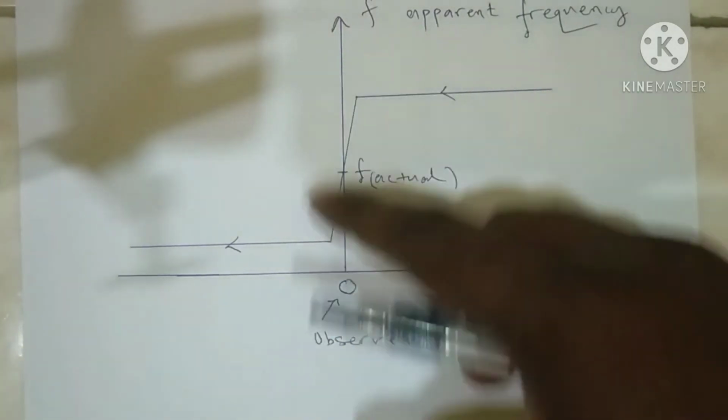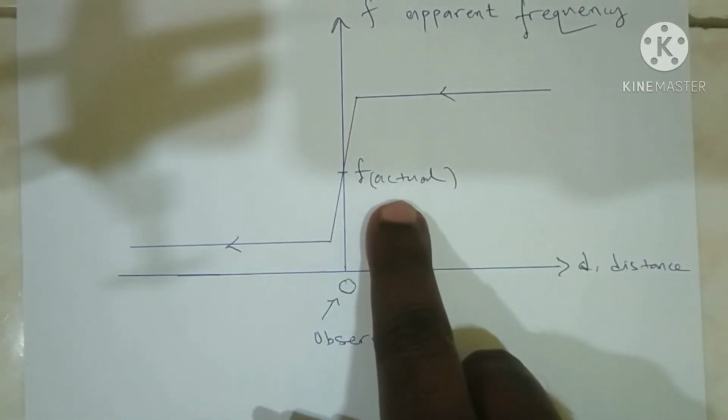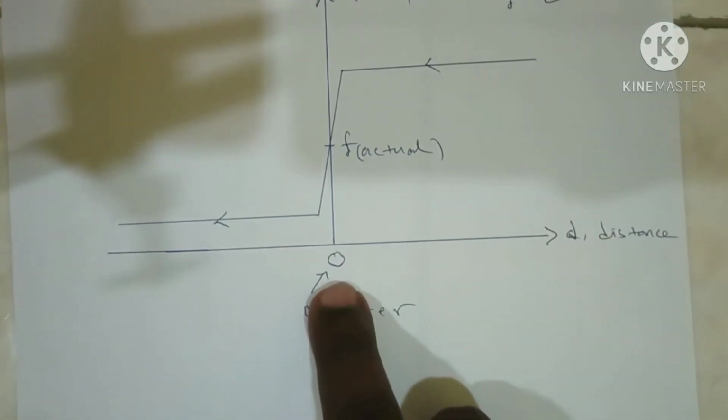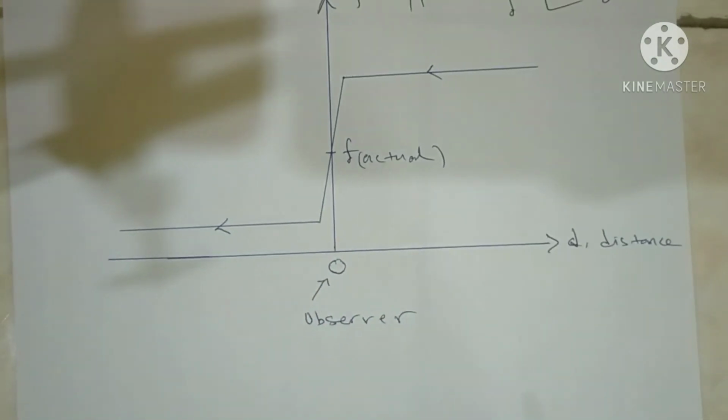That means you get 2 points showing the apparent frequency around the actual frequency. This is the observer. Another option is you can put it in this way.